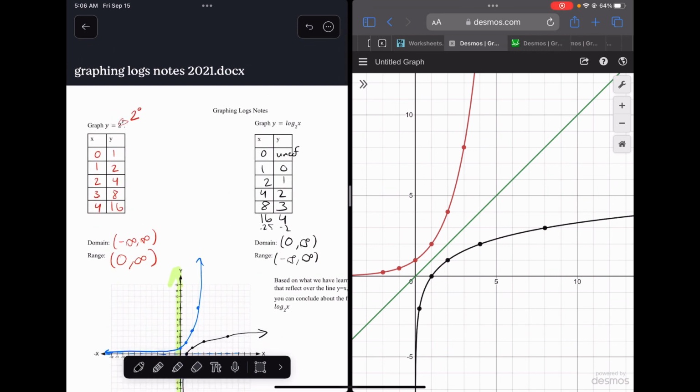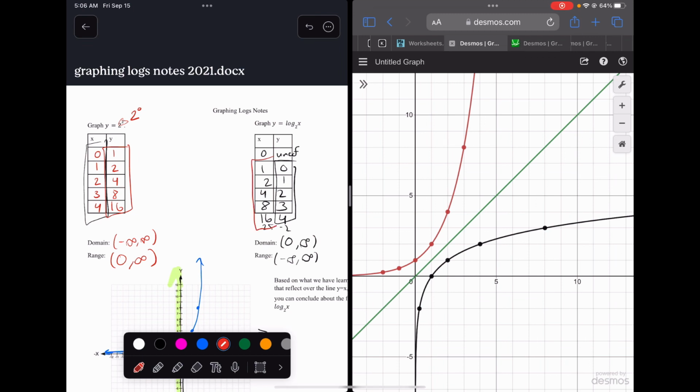Additionally, look at the x and the y values. Here I have 0, 1, 2, 3, 4. Here I have 0, 1, 2, 3, 4 for my y values. Notice how my x values went to my y values. And then here I've got 1, 2, 4, 8, 16, and my y values became my x values.